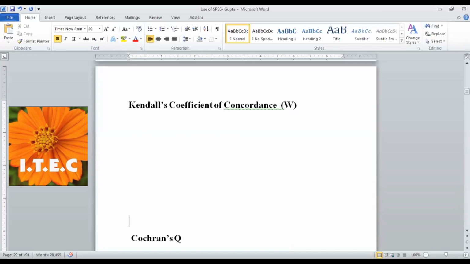So you should try to read it if you can and come, and then we will definitely have discussion and an exercise also, so you will understand it. But so this you can note it down, Kendall's coefficient of concordance.